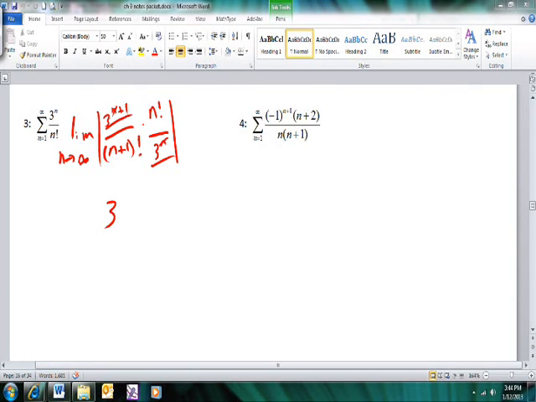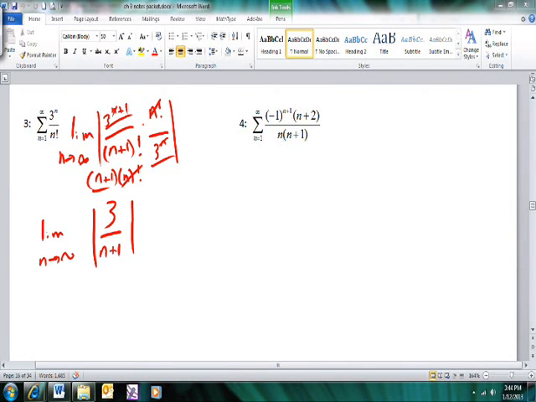And then n plus 1 factorial is really n plus 1 times n times n minus 1 times n minus 2, and so on, really just n factorial. So n plus 1 factorial is n plus 1 times n factorial. So n factorials cancel out, and it leaves us 3 over n plus 1. All right, so we still have the absolute values, which really don't do much for us.